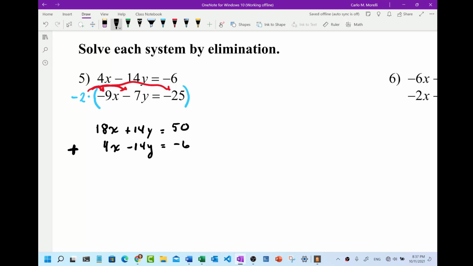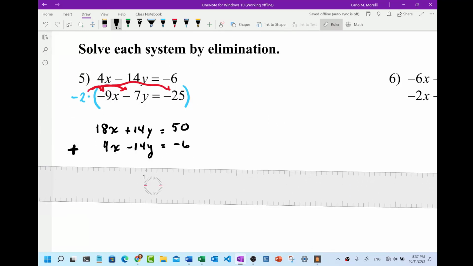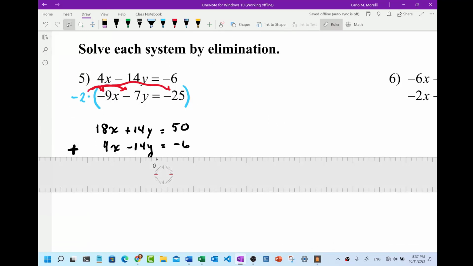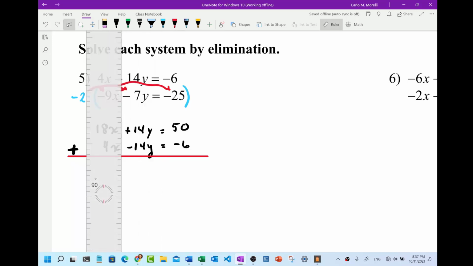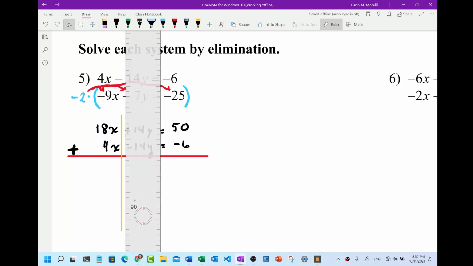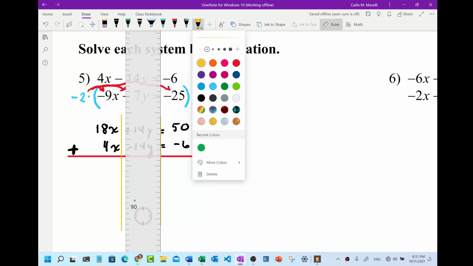This is by far the easier of the two to do, because we don't have to distribute that subtraction symbol all the time. Okay? So remember, when we do this, we like to think of ourselves as working in columns. So there's a column and there's a column.